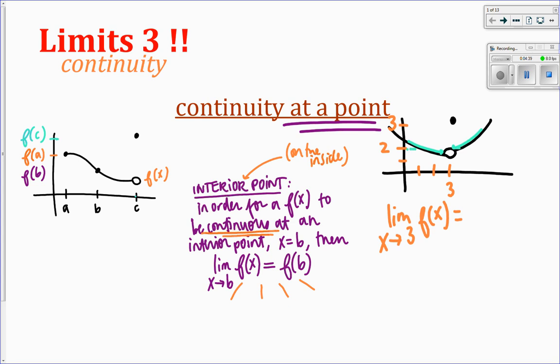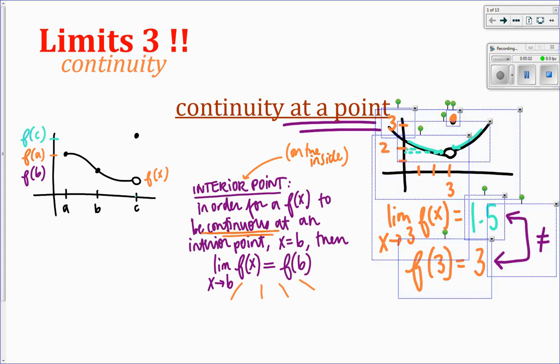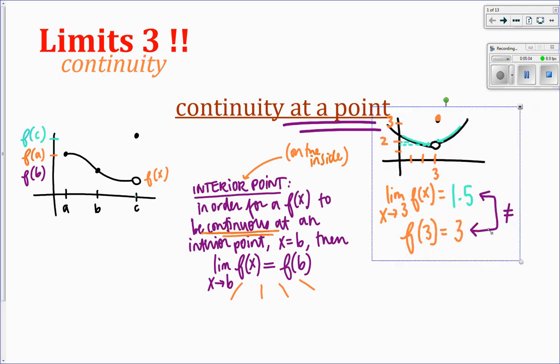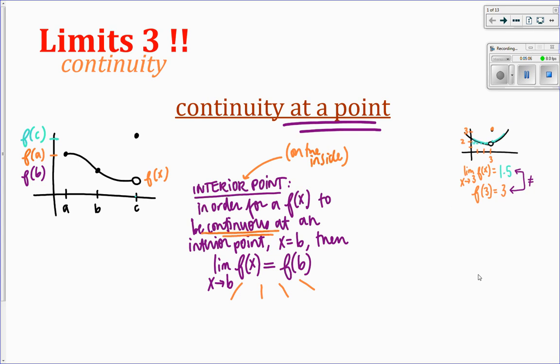It's approaching about 1.5. But f of 3, the actual point, is up here. f of 3 in this case is 3. 1.5 is not the same as 3. They are not equal, so this is not continuous at an interior point. Hopefully that's not surprising. It is a drawing of a hole. That's one possible example.